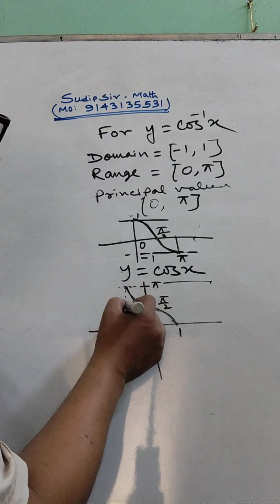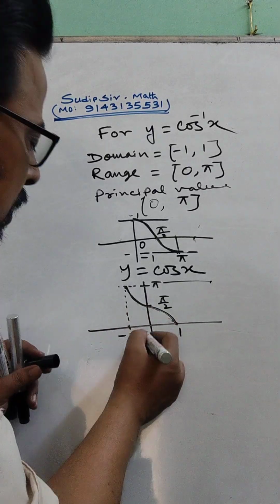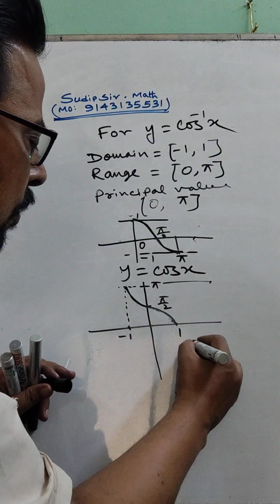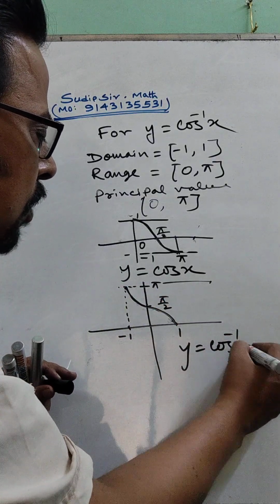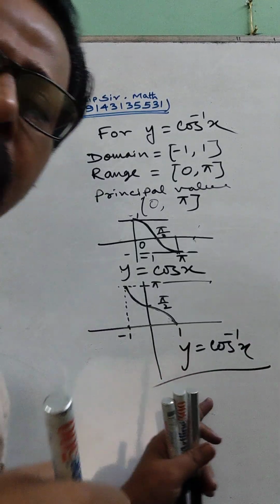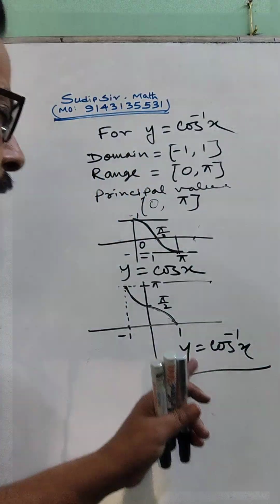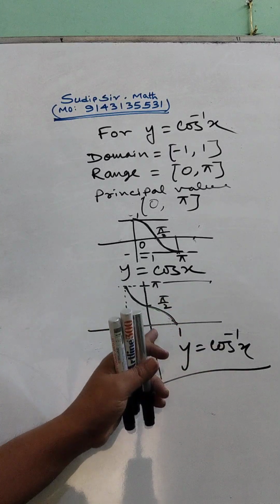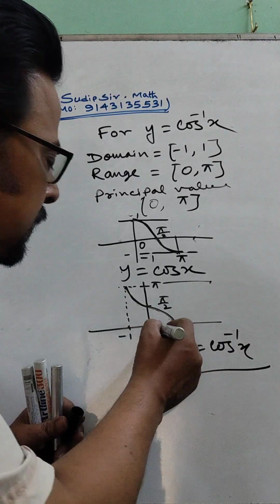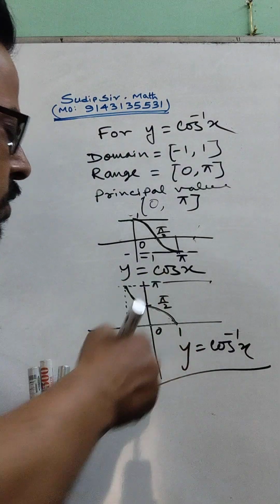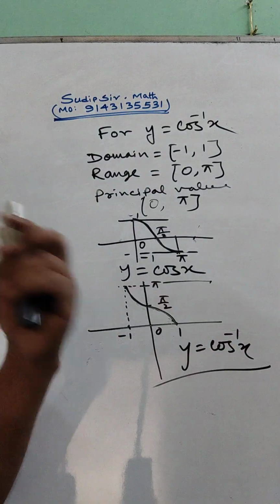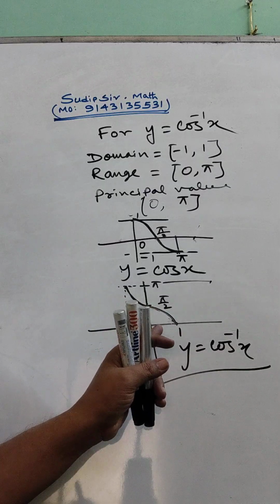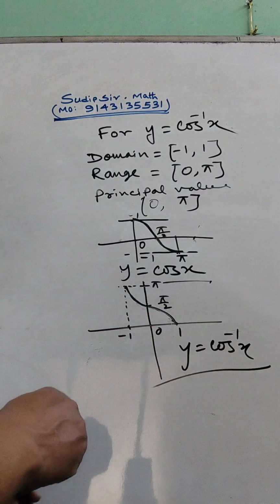So minus 1 to 1 and the curve will be like this, y equal to cos inverse x. This is 0, this is pi by 2 and this is pi. So this is the curve for y equal to cos inverse x.